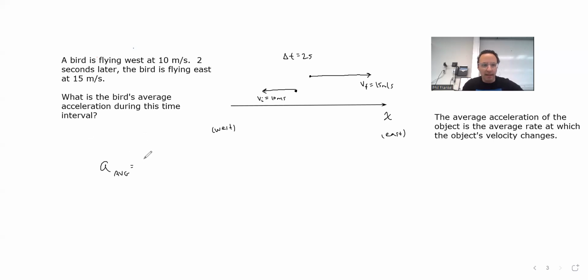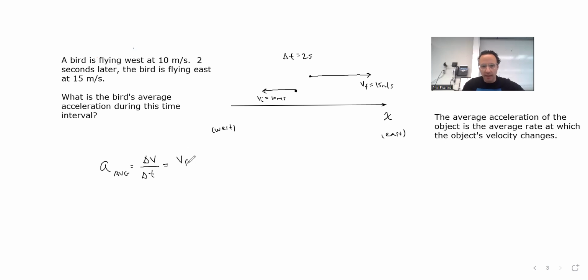So let's compute that. If I calculate the change in velocity and I divide by the change in time, the time interval, then I'll figure out how much the velocity changed, divide by how much time that took, and that will give me the average rate at which the velocity changed during that time interval.